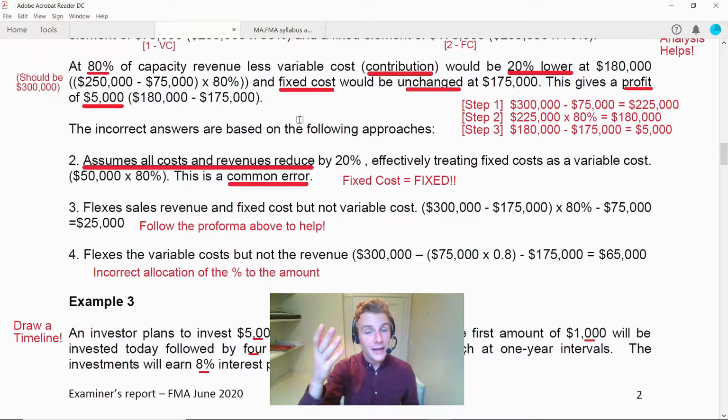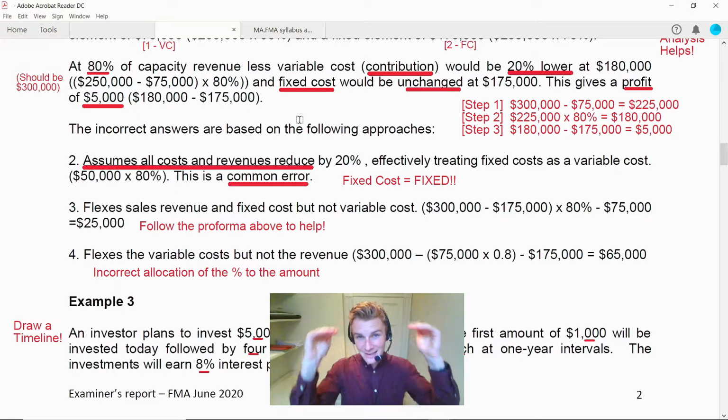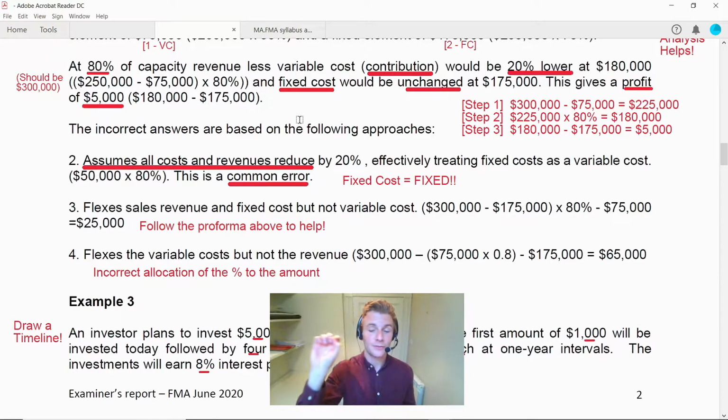We're now working at 80% capacity, so basing that on the contribution as well. 80% capacity means that our contribution now is only $180,000. So before, at 100%, it was $225,000, but at 80% now, we're at $180,000. You can see that on step 2.